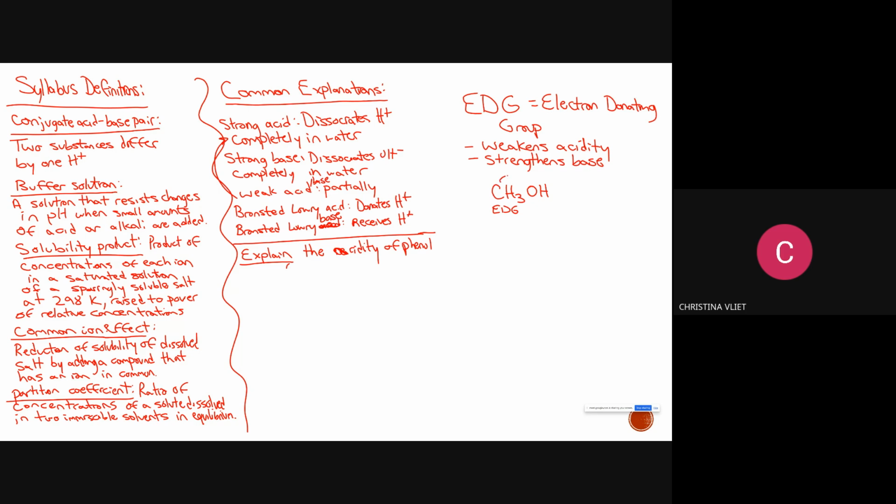They donate part of their electron cloud into the OH bond, which strengthens the bond, which means higher bond energy. It takes more energy to break the bond, which means the H plus is less likely to leave.